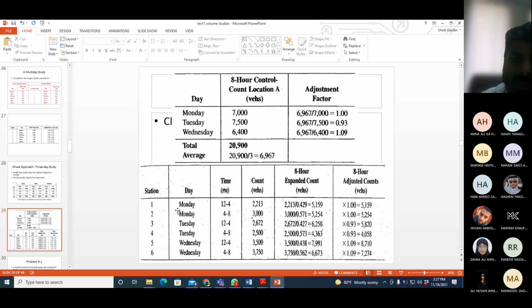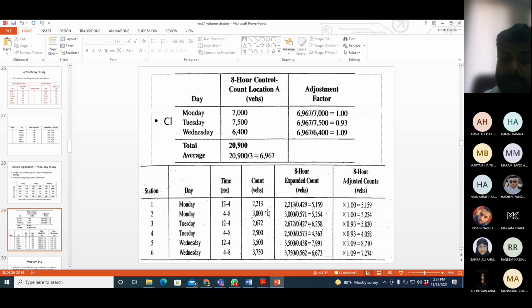So location 1 and 2 were covered on Monday, 3 and 4 on Tuesday, and so on. Each count is for 4 hours. This count of 22,133,000 was taken on Monday on location 1 between 12 to 4, and this was taken on location 2 Monday 4 to 8, and so on.